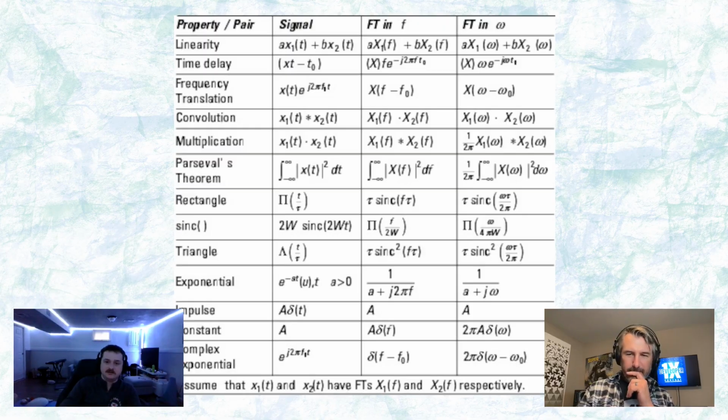So f of t is the time domain, I guess. I remember the f versus omega thing, but I don't remember what they mean. Oh no, f is frequency, and then omega is phase, I think. I don't know, dude. Whatever.